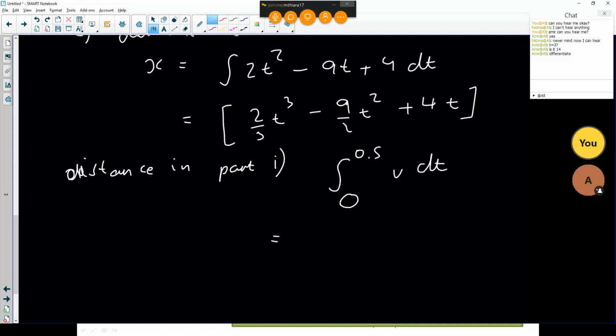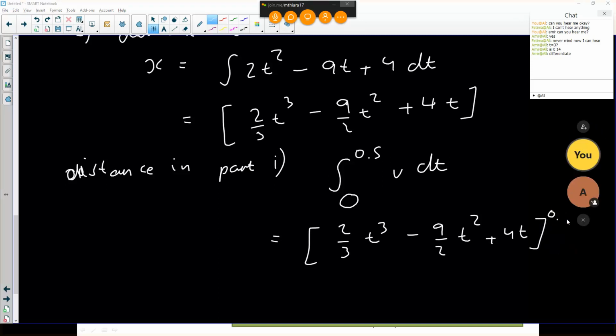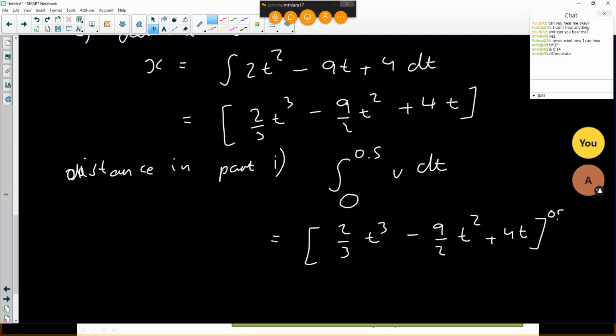So that then becomes 2 over 3 t cubed minus 9 over 2 t squared plus 4t between the limits of 0.5 and 0.